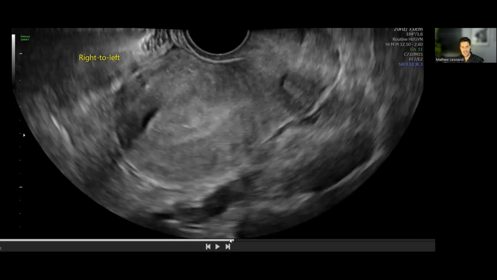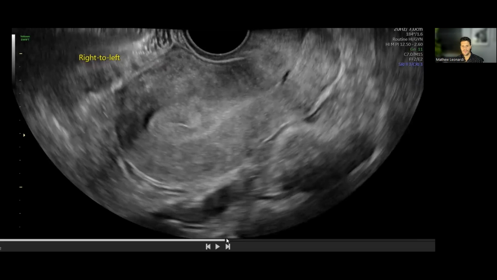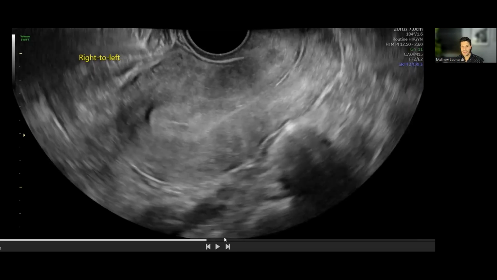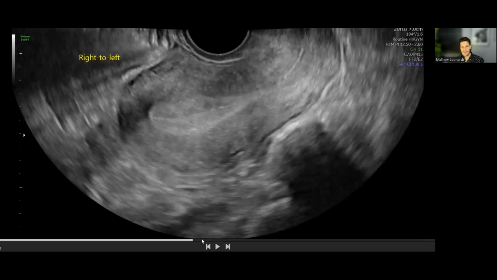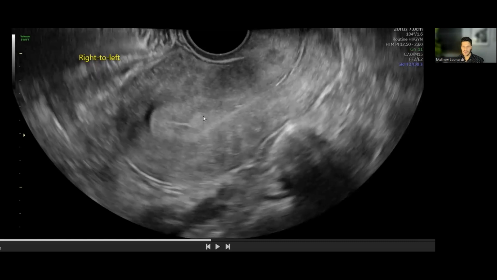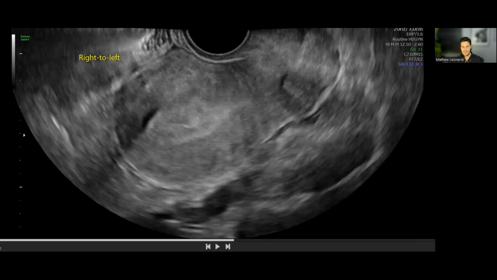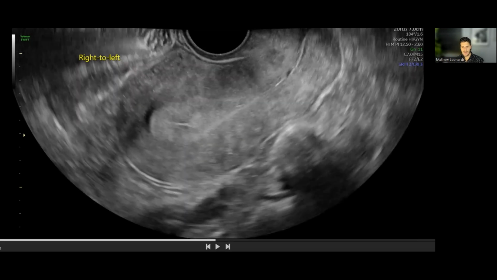It's just here is where the first sign caught my eye. Actually, around here, we're starting to see this shift in where that linear echo is in terms of directionality, but especially right here in this area, we see a sudden shift in the angle of that linear echo there, which gives us a sense that there might be some space occupying lesion in the anterior aspect of that endometrium.